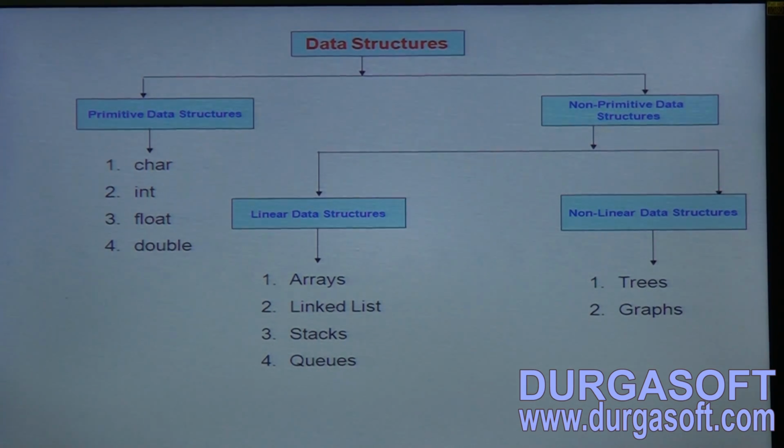Data structures are broadly classified into two categories. First category is primitive data structures, second category is non-primitive data structures. These are the examples of primitive data structures: char, int, float, double. So we are not going to focus on primitive.